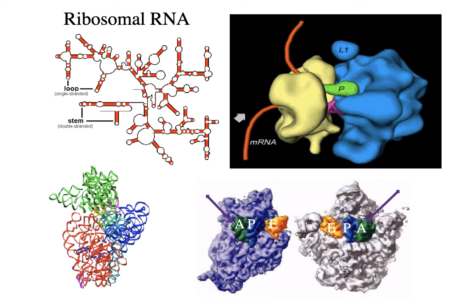And so here's the tRNA at the A site, the tRNA which is holding an amino acid that will be the next amino acid added, and then the tRNA at the P site, which is holding the growing polypeptide, and then the tRNA at the E site, which is the one without an amino acid. The amino acid has been pulled off of that, and it's exiting the ribosome.